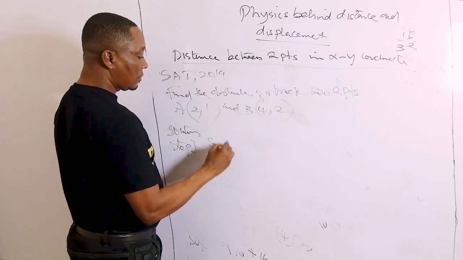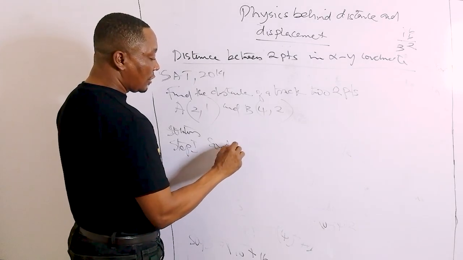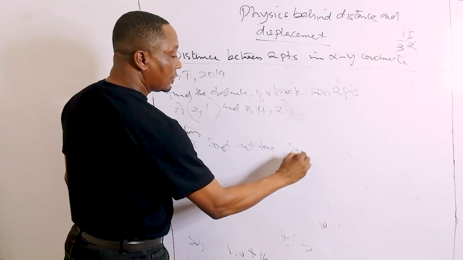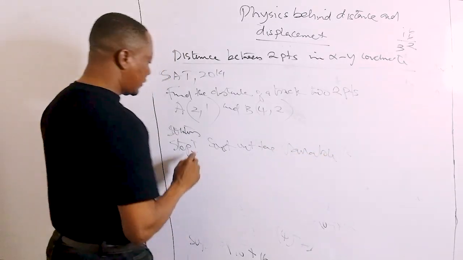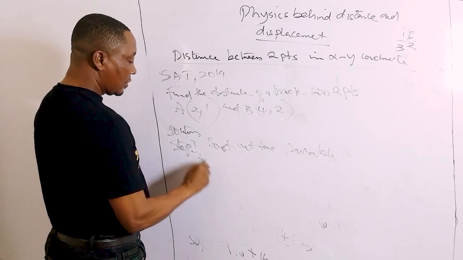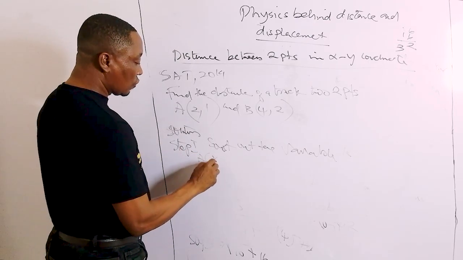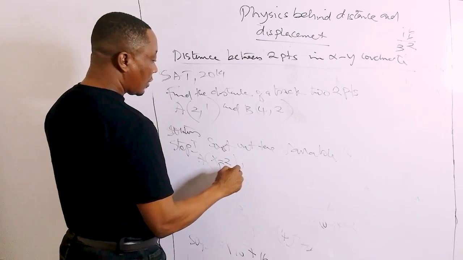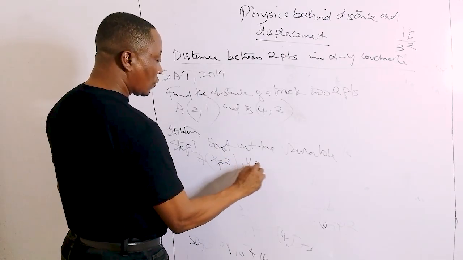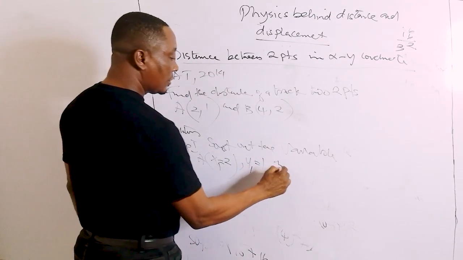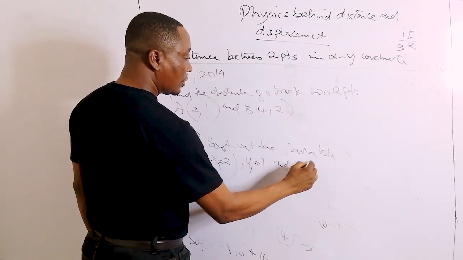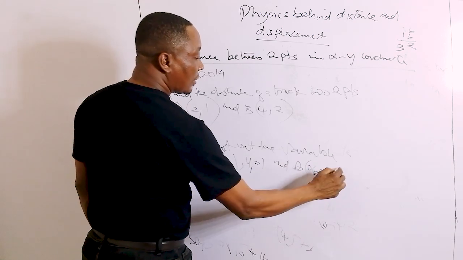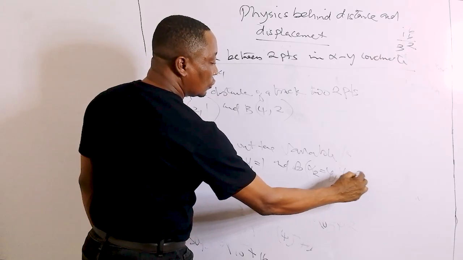Step 1, sort out the variables, which is A: x1 equals 2, y1 equals 1, and B: x2 equals 4, and y2 equals 2.